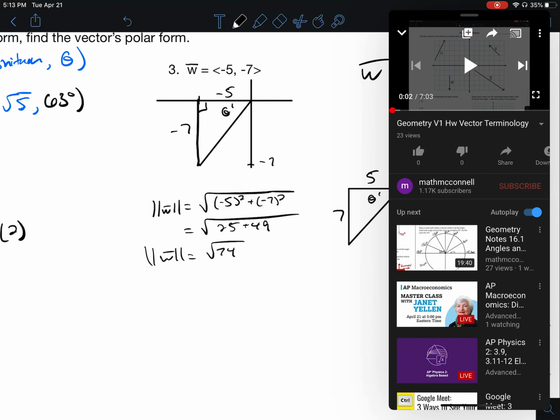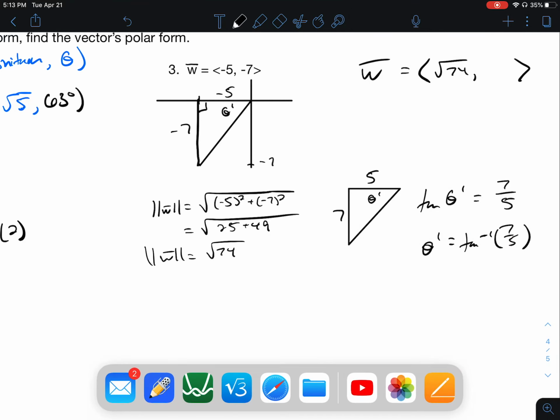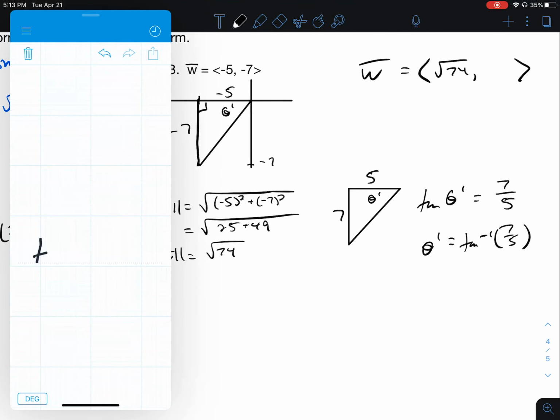I lost my calculator. Tangent inverse of 7/5 gives us 54 degrees, approximately.